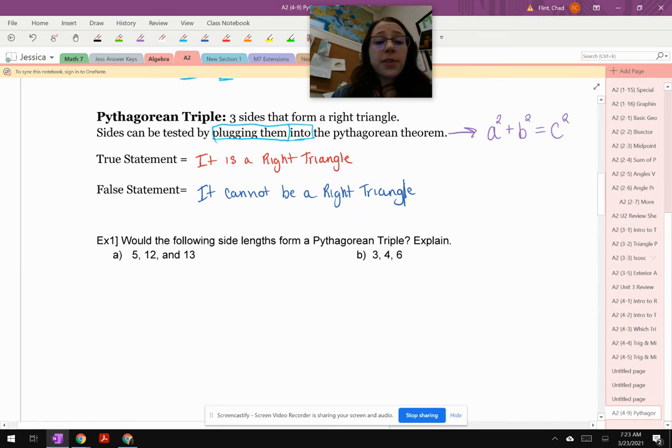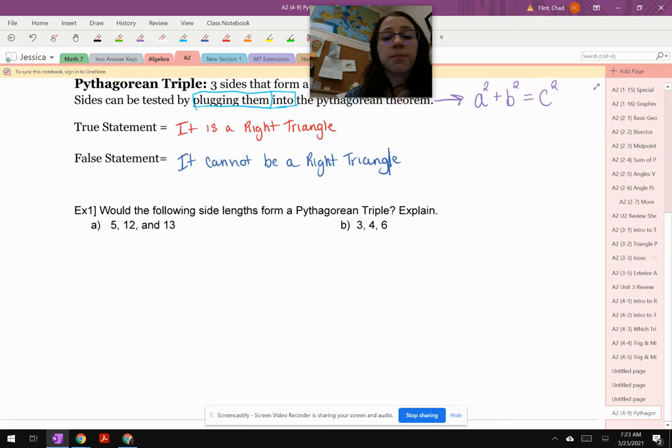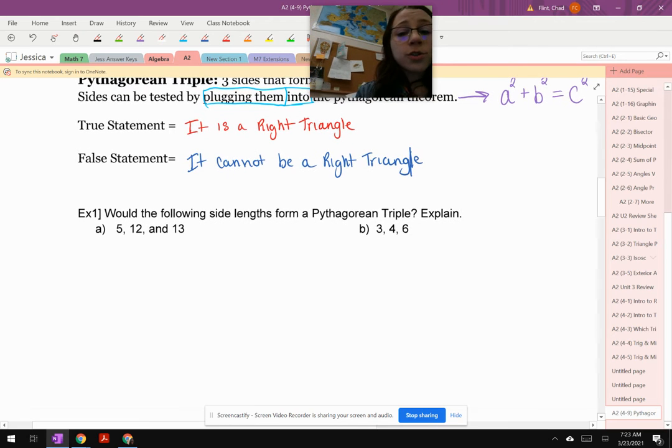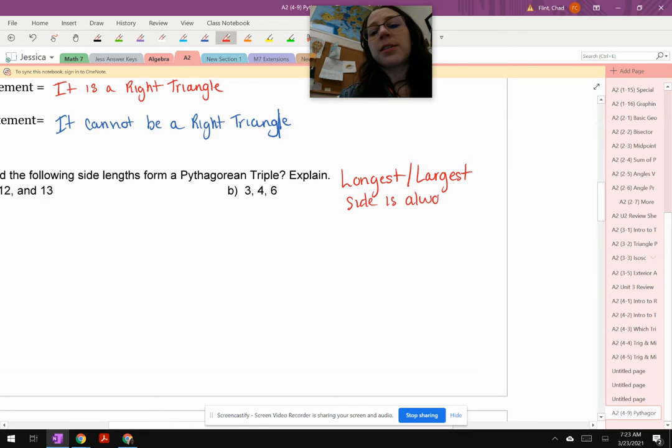Okay, so we're going to use the Pythagorean triple here in this first example. Would the following side lengths form a Pythagorean triple? So they're asking, does it work when you plug it into the Pythagorean theorem? Remember that the longest, largest side is always C, your hypotenuse.